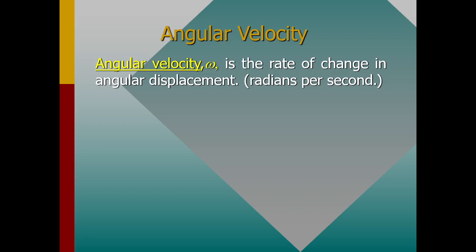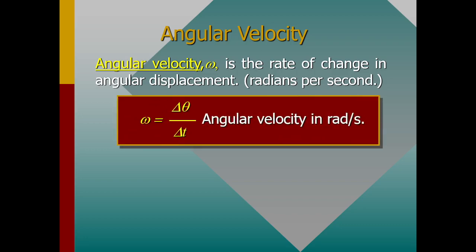After that, we need to understand that angular velocity is the rate of change in angular displacement. That angular displacement we are solving now has to be related with the angular velocity. So it is radian per second.